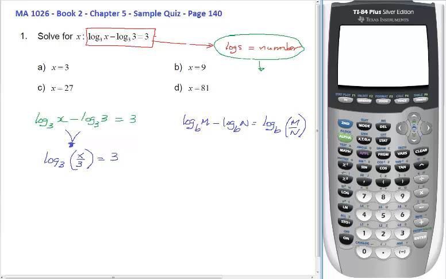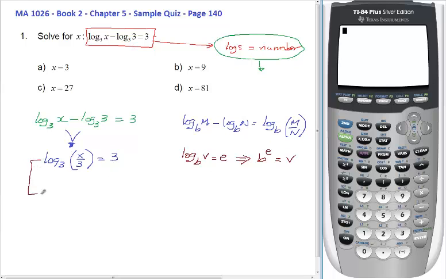Now I can switch it out of that form to solve it. The second rule I'm going to use is the basic definition of a logarithm. If we have log base b of some value equals an exponent, then when we switch to exponential form, base raised to exponent equals the value.